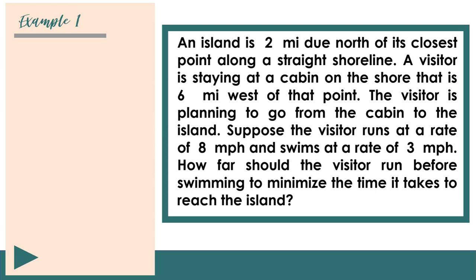We have an island 2 miles due north of its closest point along a straight shoreline. A visitor is staying at a cabin on the shore that is 6 miles west of that point. The visitor is planning to go from the cabin to the island. Suppose the visitor runs at a rate of 8 miles per hour and swims at a rate of 3 miles per hour. How far should the visitor run before swimming to minimize the time it takes to reach the island?